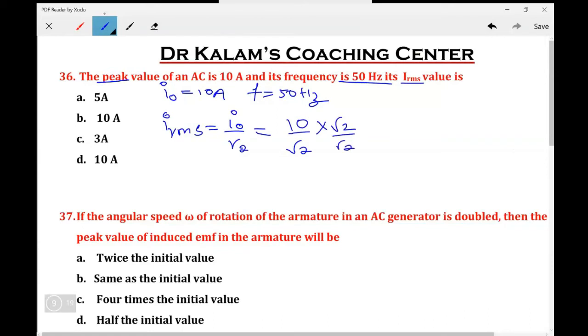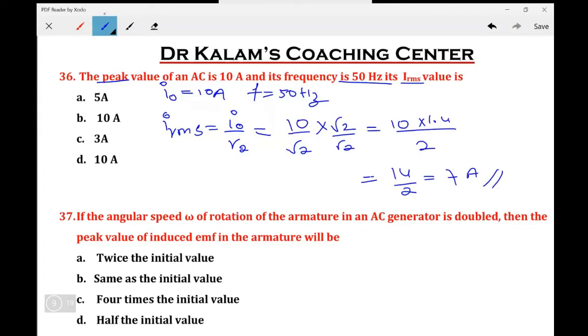You will get it as 10 into 1.4 by 2. Hope you know why I am writing 1.4. Because root 2 value is 1.4. Root 2 into root 2 is 2. Therefore, multiply this first. 10 into 1.4 is 14. So 14 by 2 is 7 amps. Because I don't have the answer in the form 10 by root 2 anywhere, I understand that I have to rationalize. So I rationalize and search for the answer. So option A, 7 amperes. Okay? Somewhere there is a printing error. This is 7 amperes.